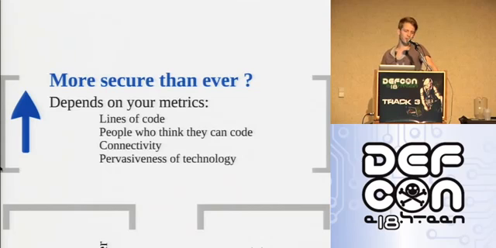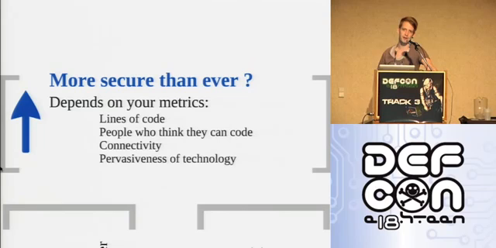And there are all these conferences, and certainly with Black Hat, you'll get a lot of vendors peddling huge amounts of snake oil, claiming that we're more secure than we've ever been. But I really think it depends on what metrics you're measuring on. There's more lines of code than there's ever been. There's more people who think they can code. I'm sure everyone sitting in here knows people at their place of work who should never be let near a keyboard, yet they're writing code which is going out in production systems or in internal systems.